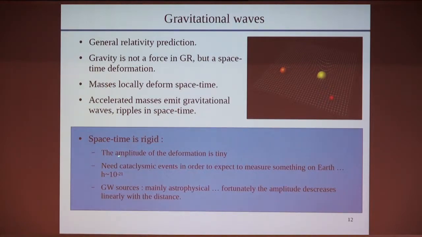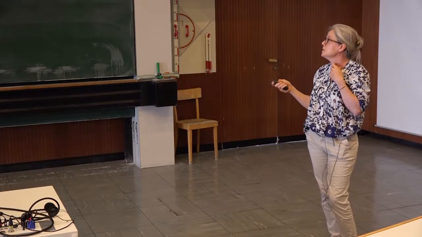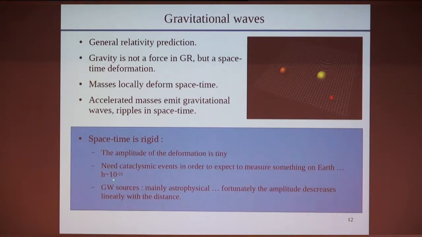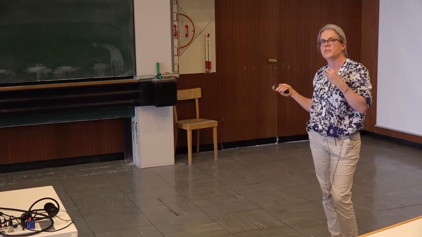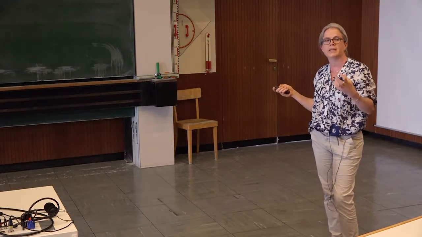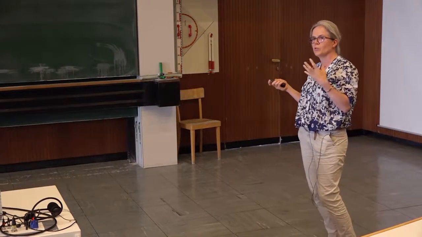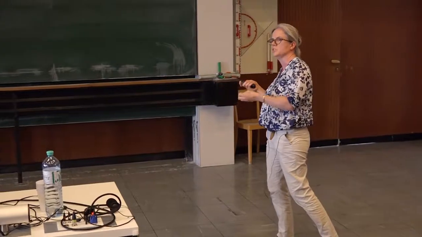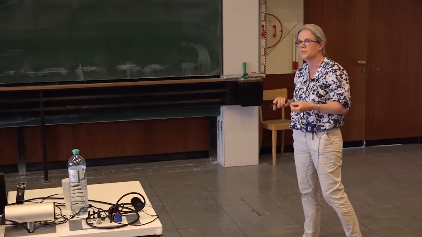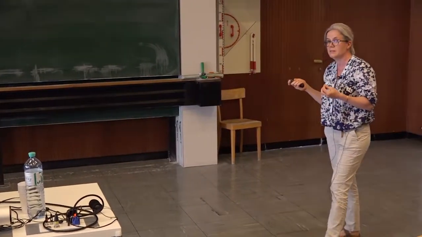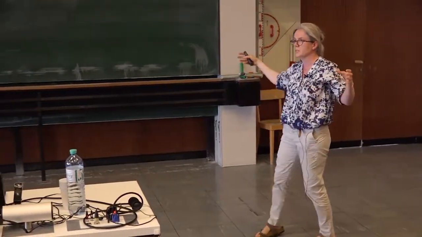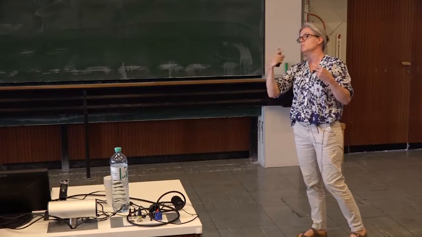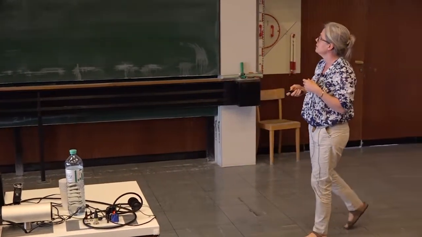The point, and this is what Einstein realized in the initial paper, is that space-time is very rigid. To distort space-time, you need a very violent source. If you try to generate gravitational waves on Earth, you can: you take a huge compact body, a piece of metal, and rotate it at very, very high speed.